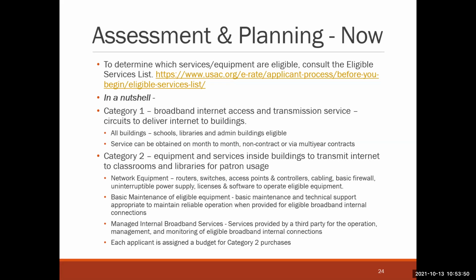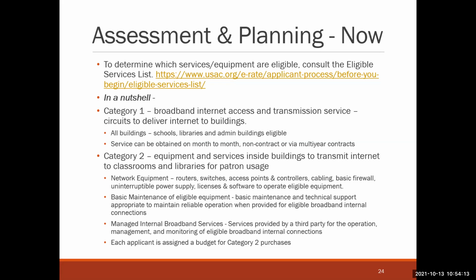The basic maintenance is for the eligible network equipment. And the 3rd subcategory is managed internal broadband service. This is service provided by a third-party vendor to operate, manage, and monitor your internal connections, your network equipment.